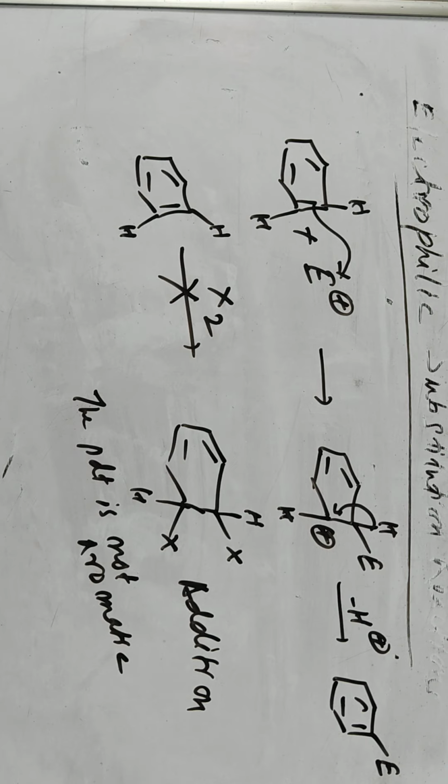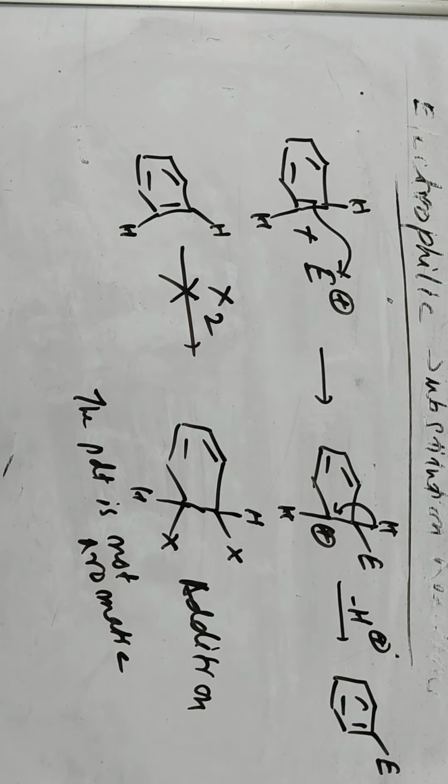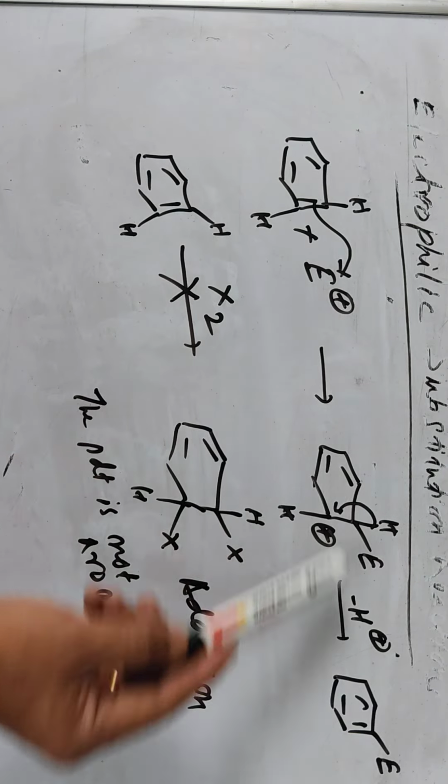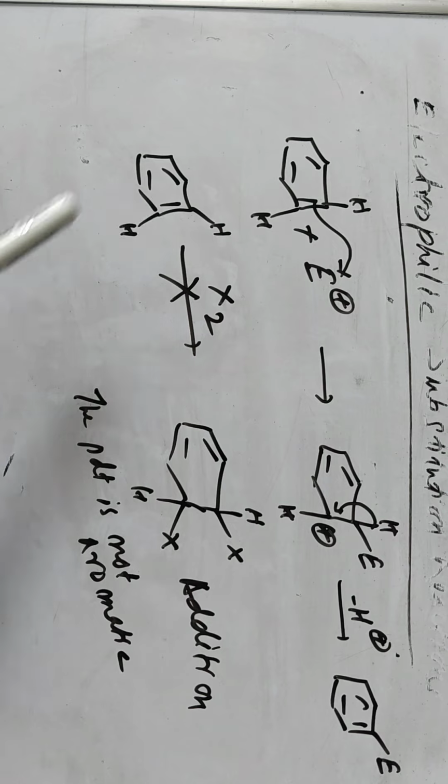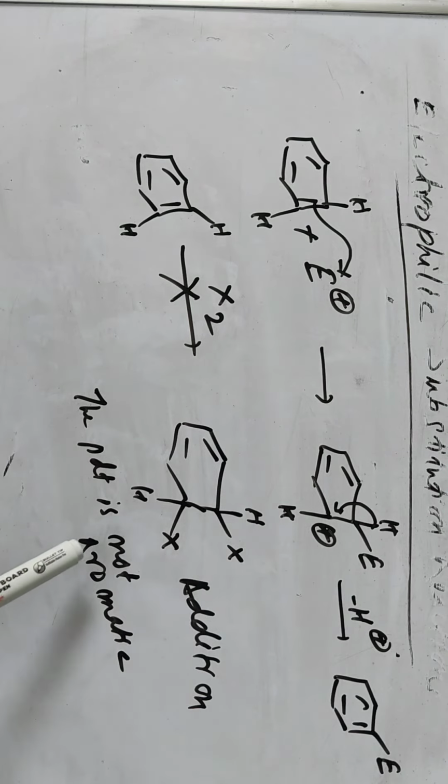So benzene is less reactive, acting as a nucleophile in the electrophilic substitution reaction, so it can attack the electrophile. So electrophilic substitution reaction takes place, but addition cannot take place because the product formed is not aromatic.